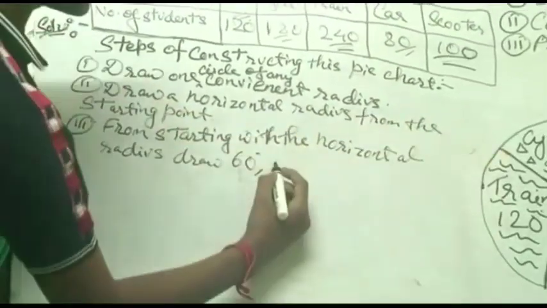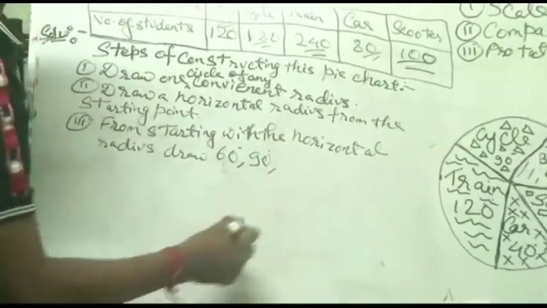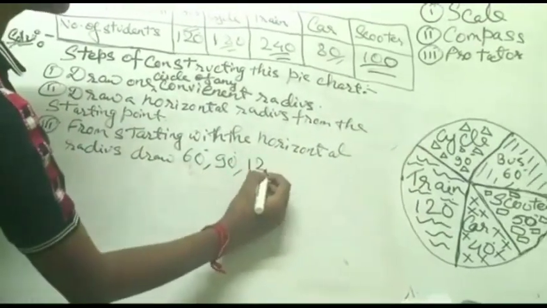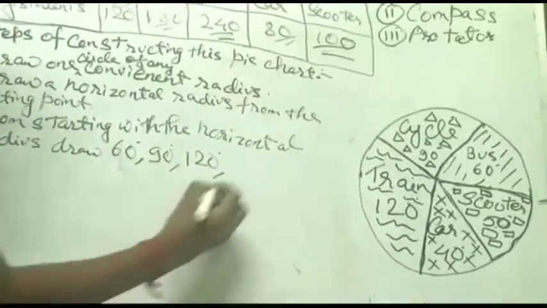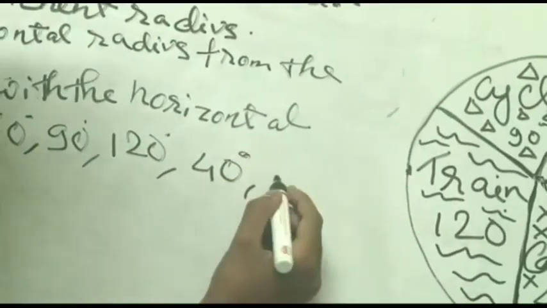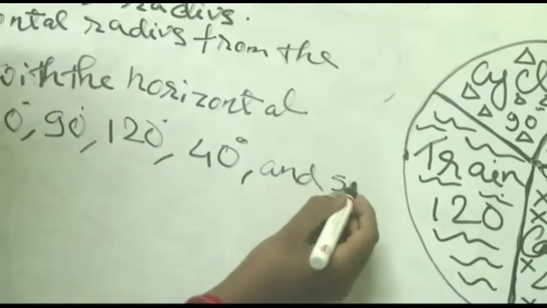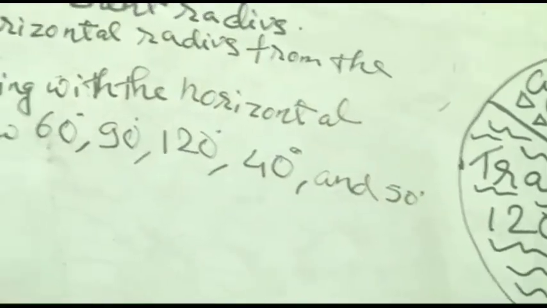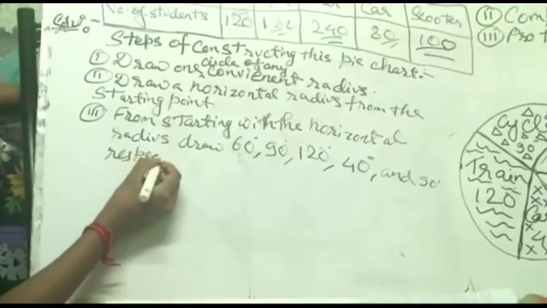Second one 90 degree. Third one 120 degree. Fourth one 40 degree. And last, at the fifth point, 50 degree, respectively.